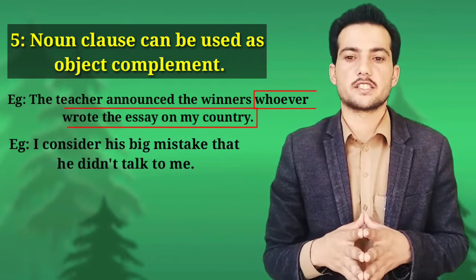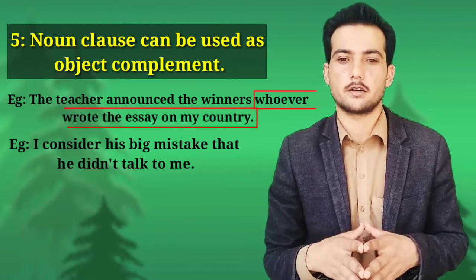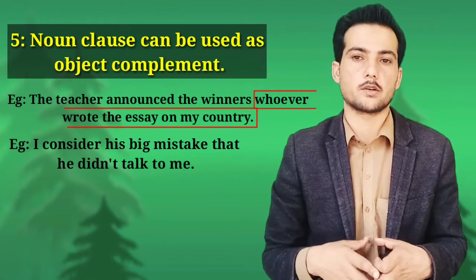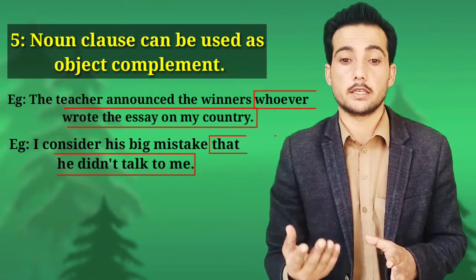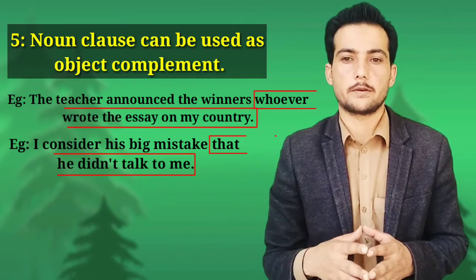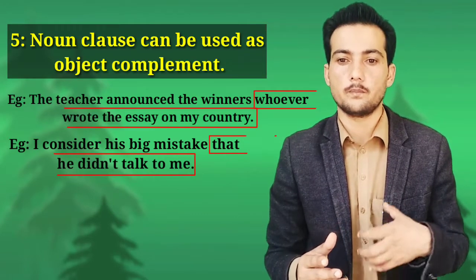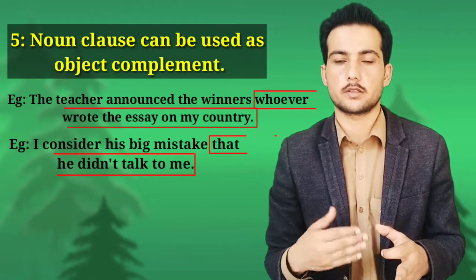I consider his big mistake that he did not talk to me. I is a subject, consider is a verb, his big mistake is an object. And after that, he did not talk to me is a noun clause, but here it functions like a complement of the object. What was his mistake?